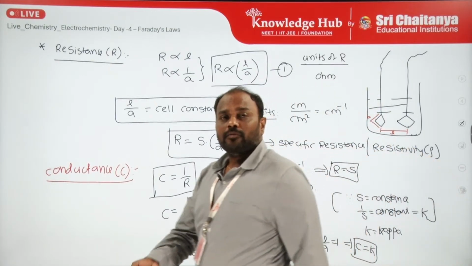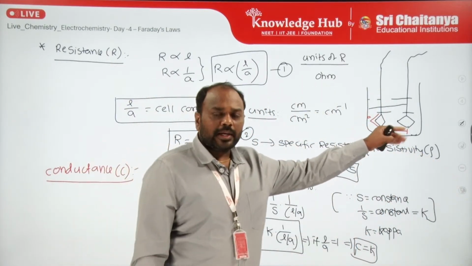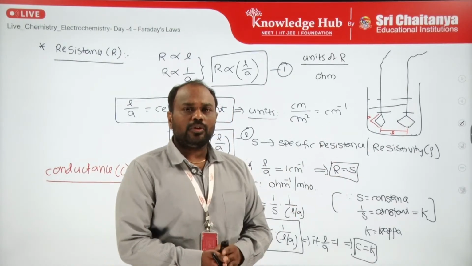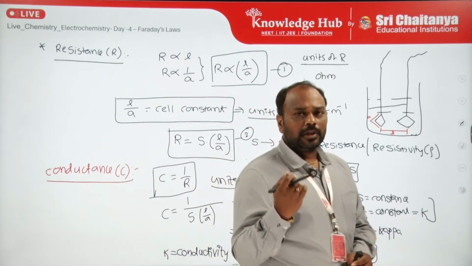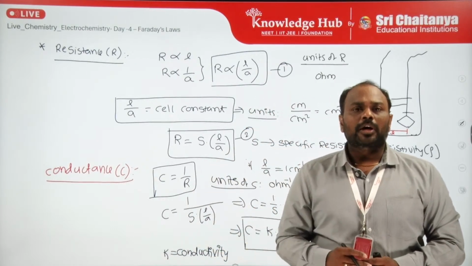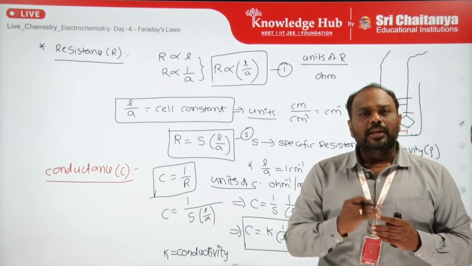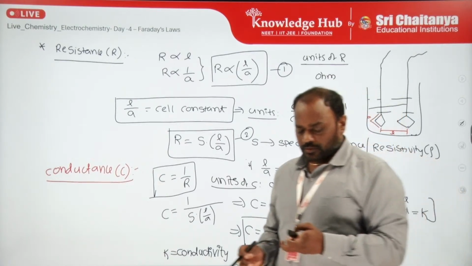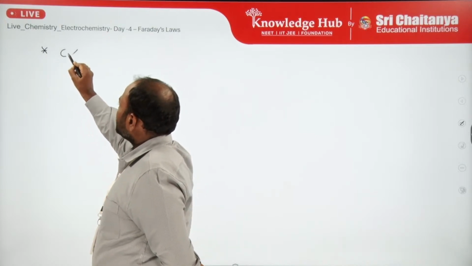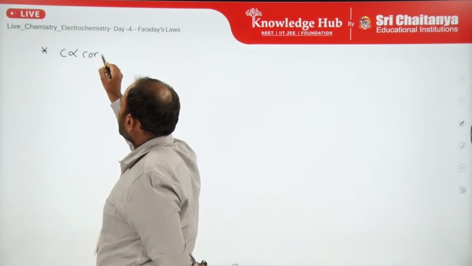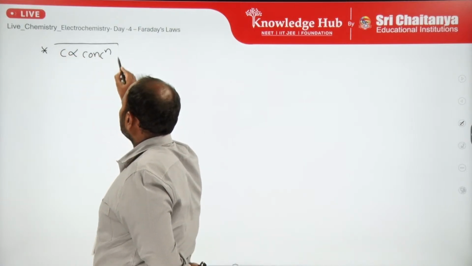Now, here we get one doubt. In this electrolytic cell, we use the electrolytic solution. The electrolytic solution concentration is either expressed in terms of molarity or normality. So, based on that, we get the types of conductances. Conductance is directly proportional to concentration. Remember this point.